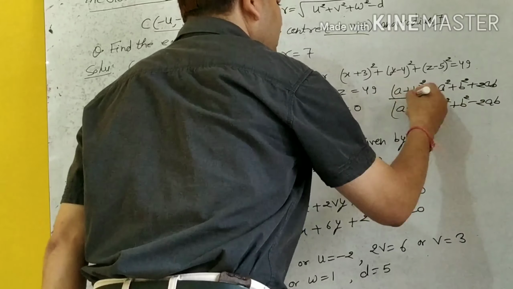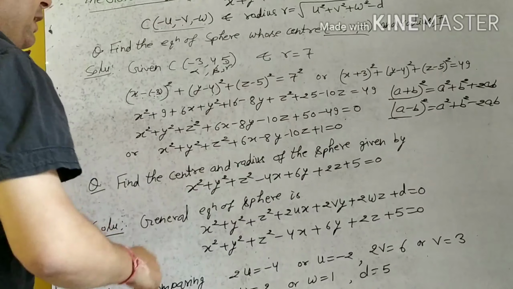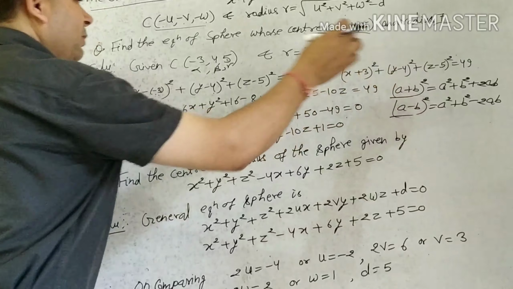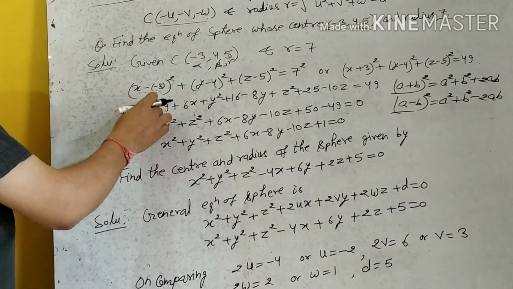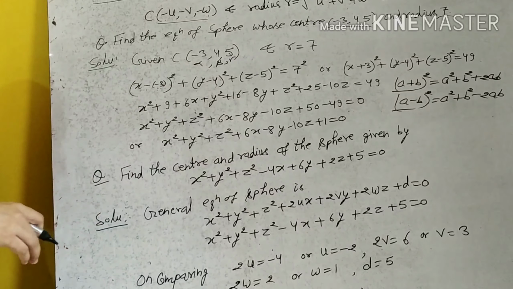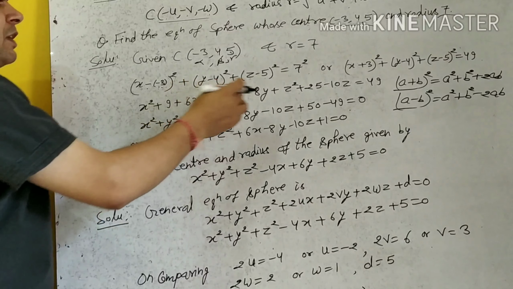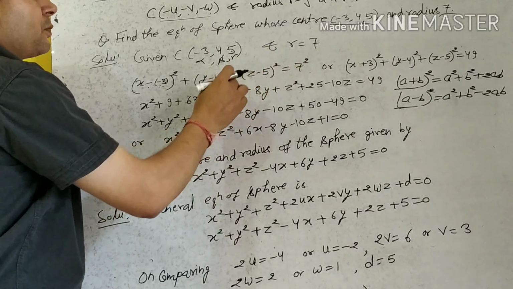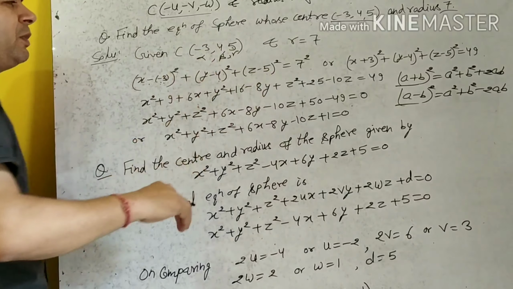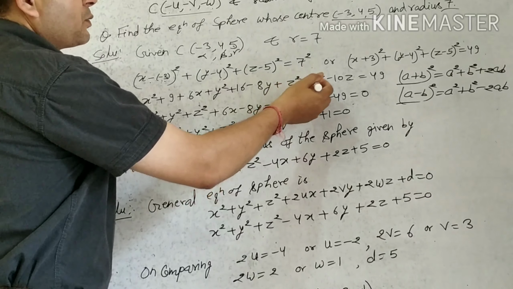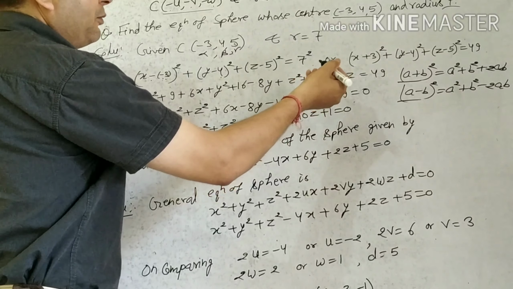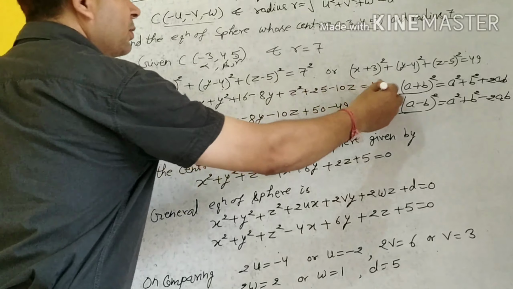On the basis of these two identities you will simplify it. So x square plus 3 square 9 plus 6x, plus y square plus 16 minus 8y, plus z square plus 25 minus 10z equal to 49.